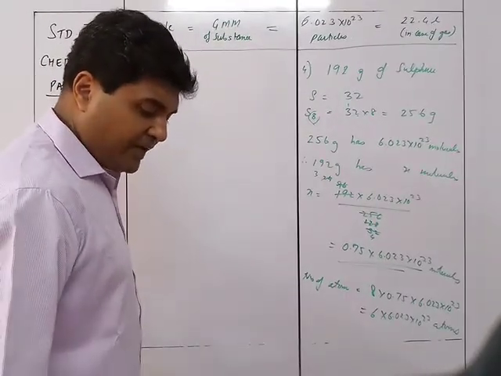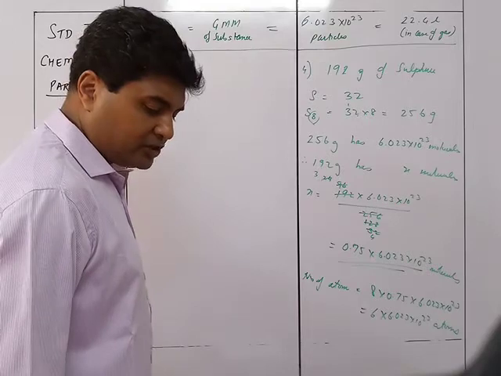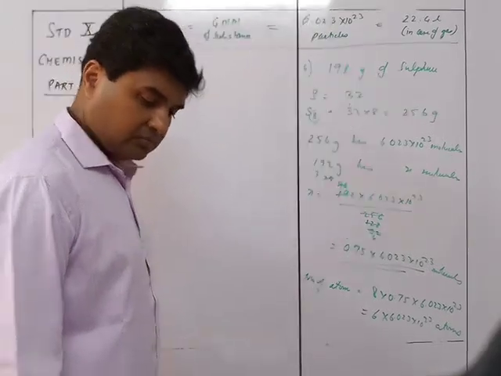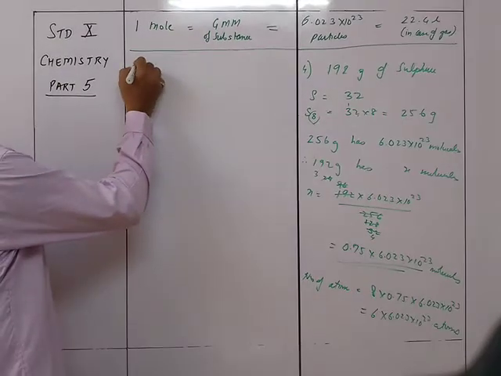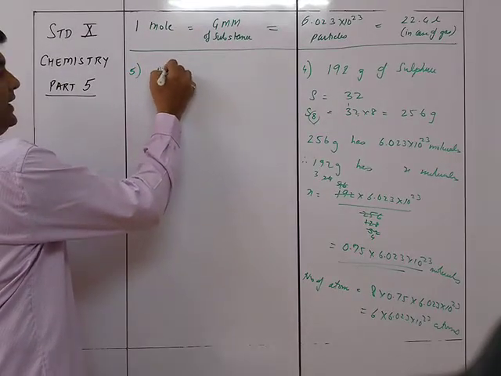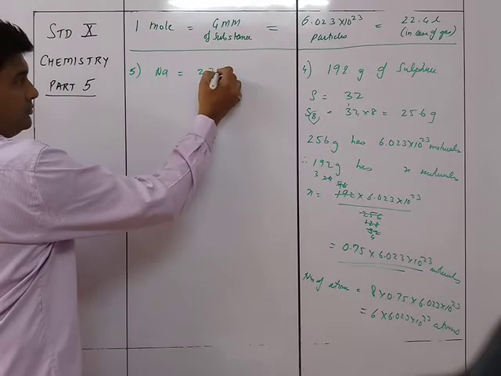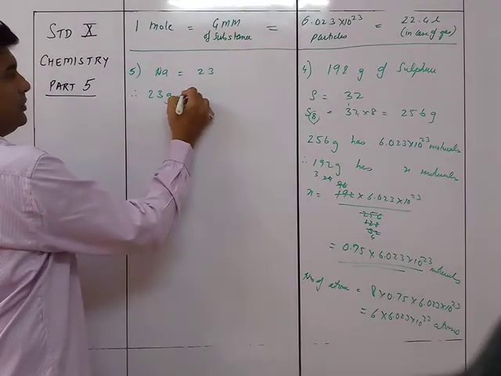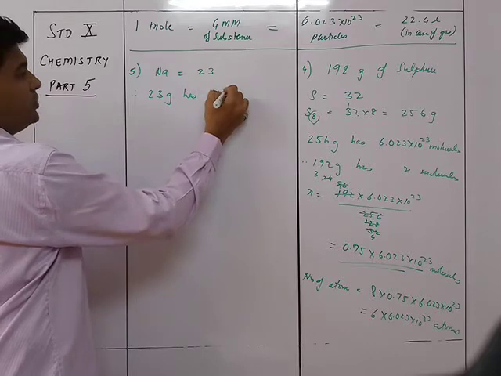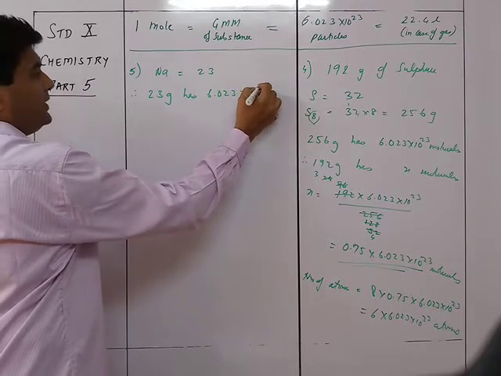The mass of Na which contains 6.023 into 10 raised to 23 atoms. So, of course, we know over here that Na is equal to 23. So, therefore, 23 grams has 6.023 into 10 raised to 23 atoms.